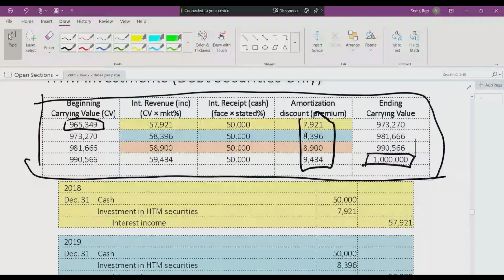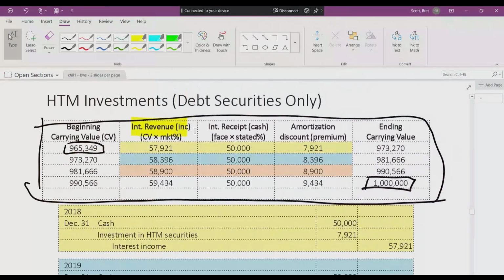So in this case, the company bought it at a discount. When you buy things at a discount, you have to understand the true interest that you recognize. In this case, it's an investment, so it's generating for us interest revenue. We're going to get cash receipts from it based on stated rates.